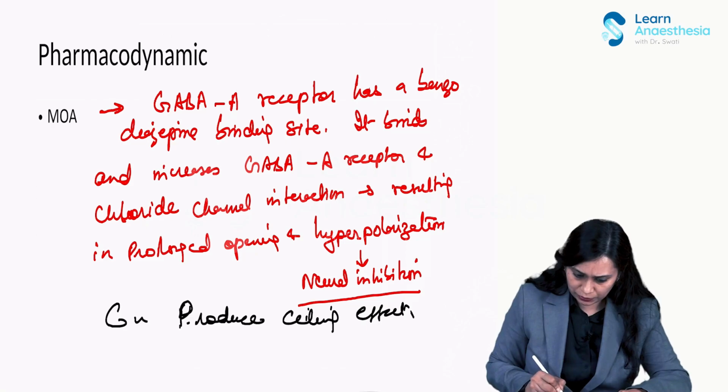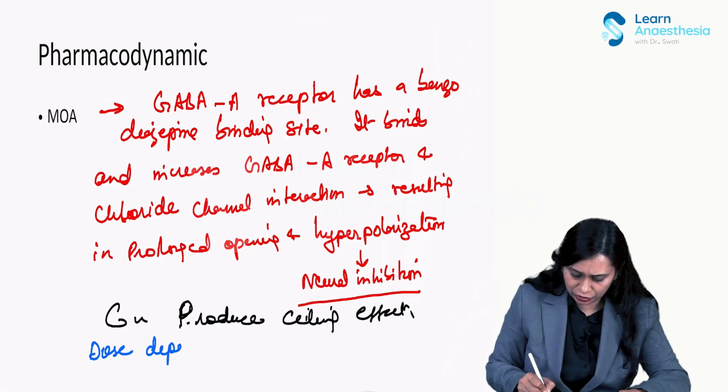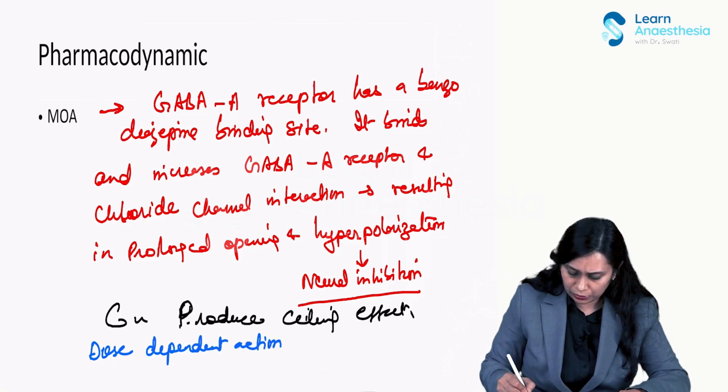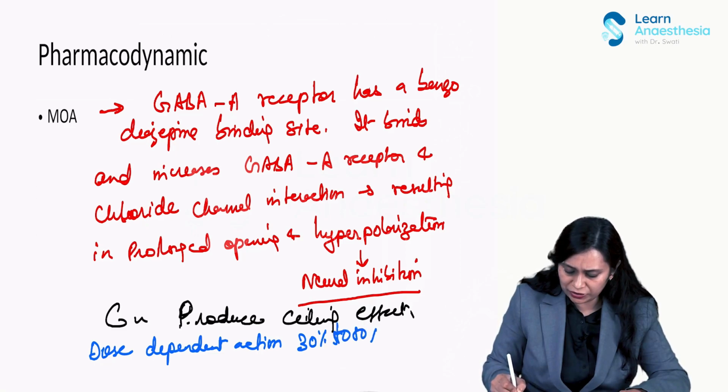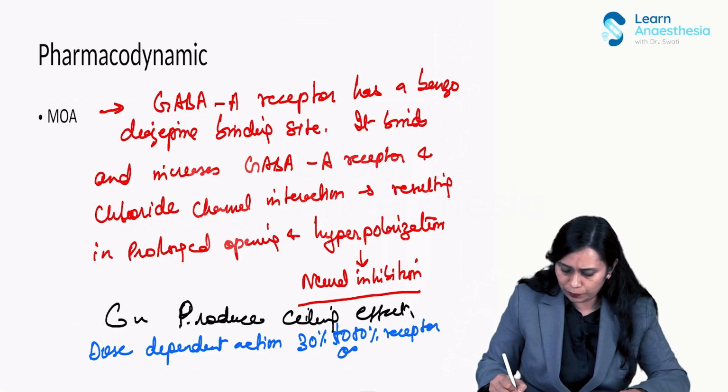So, dose dependent action: 30 to 40%, 50% receptor occupancy will cause sedation, and 20% will cause anxiolysis.